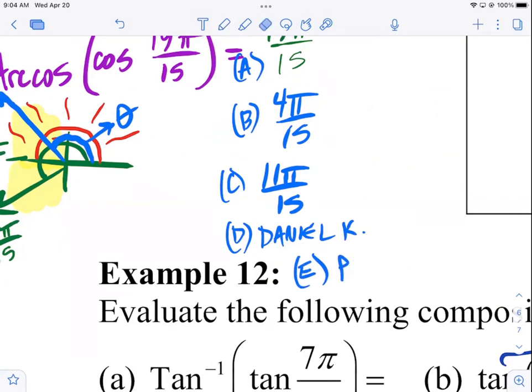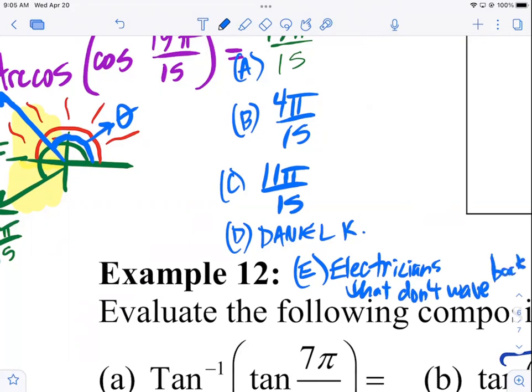No, people could be allergic to peanuts. How about E for electricians that don't wave? Electricians that don't wave. Yeah. Okay. Good. Wave back. Maybe they wave like when they're surfing or something, you know.